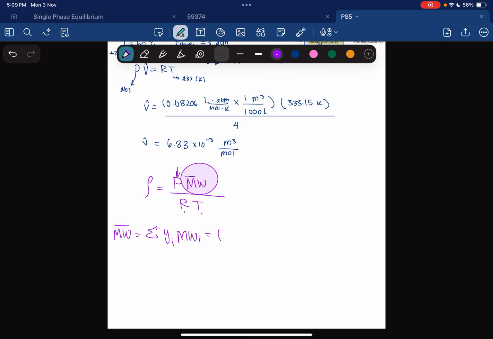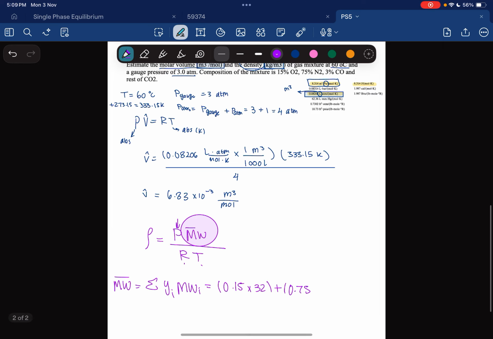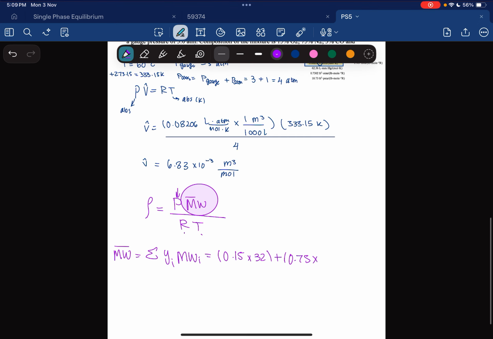So here you have the composition of O2 is 15%, which is 0.15, times the molecular weight of oxygen, which is 32, plus the molar composition of nitrogen times the molecular weight of nitrogen, plus the molar composition of CO times its molecular weight.